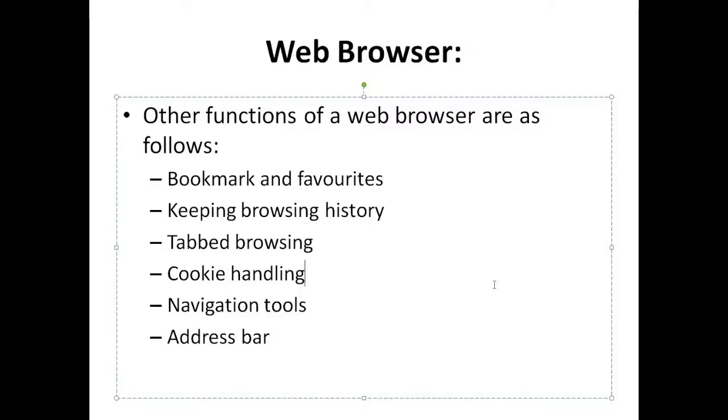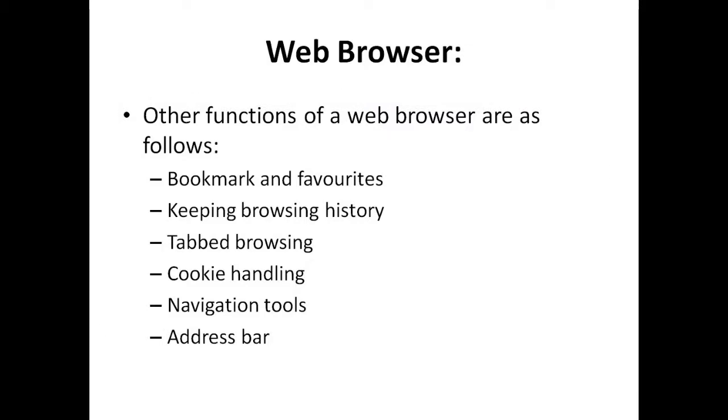Tabbed browsing, that means you can open multiple websites at the same time in a browser. Then cookie handling, we'll discuss cookies in detail later on. Then we have navigation tools, means on every page you get the option for going to the previous page or to the next page. And finally we have an address bar in order to type in the URL of a website.